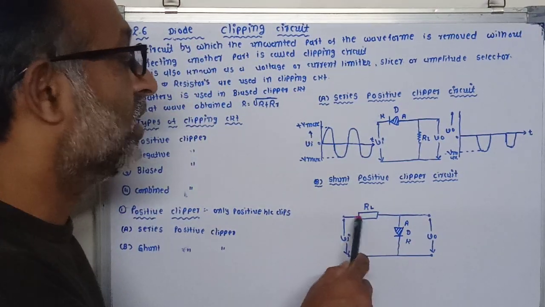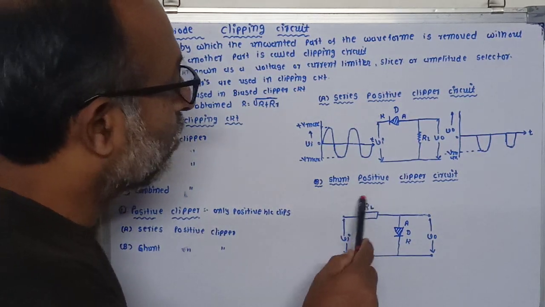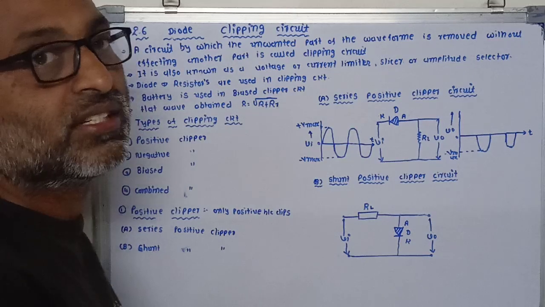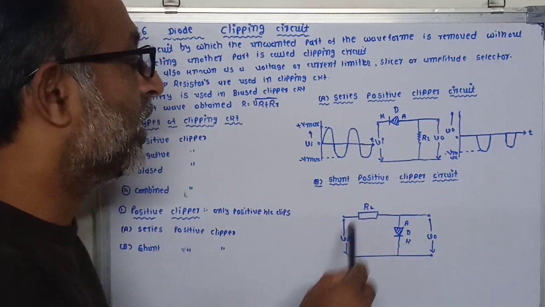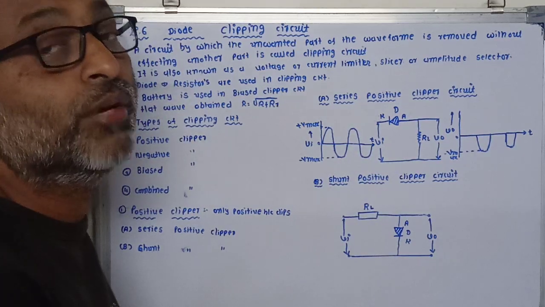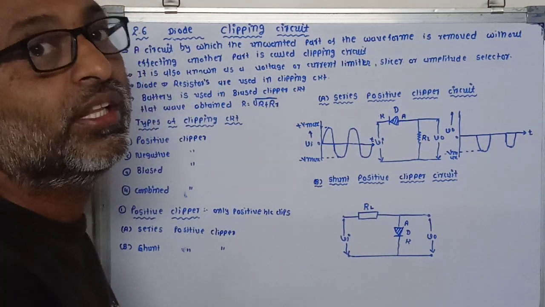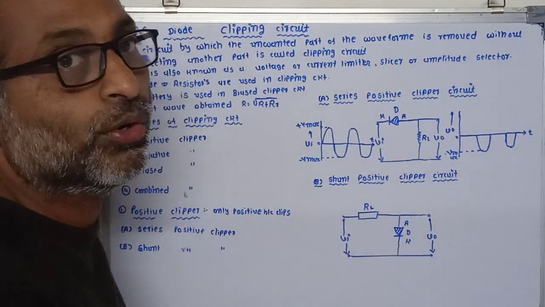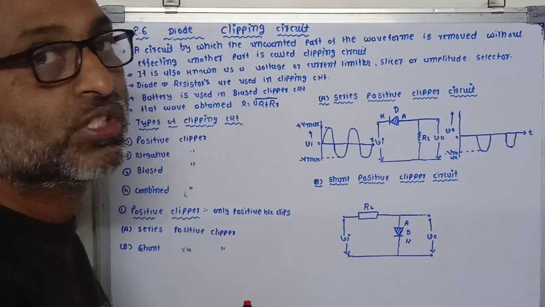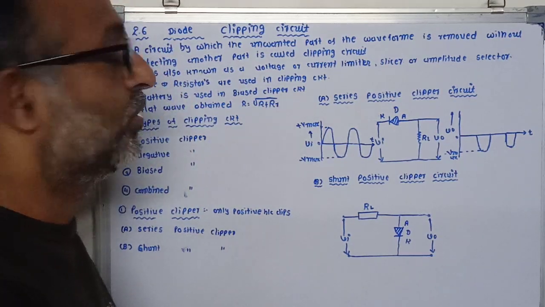Due to this current, a voltage drop appears across this load resistance, equal to the input voltage. So we will get zero output in the output circuit. During this period, V0 is equal to 0 volt. So during the positive cycle, we cannot get any output voltage.